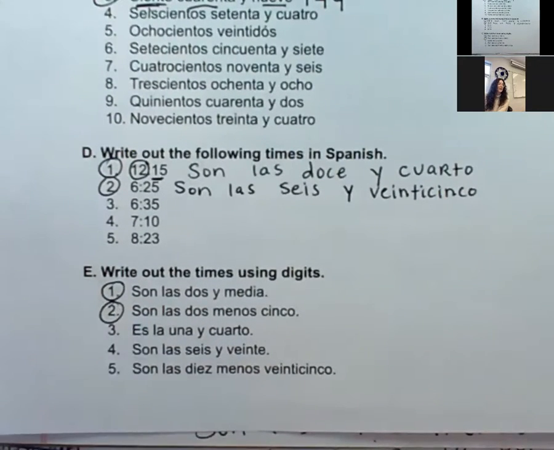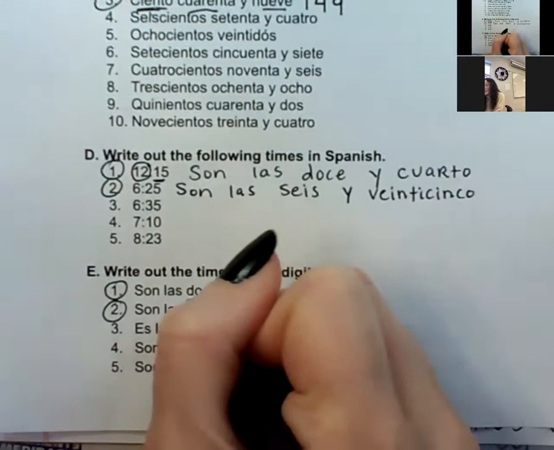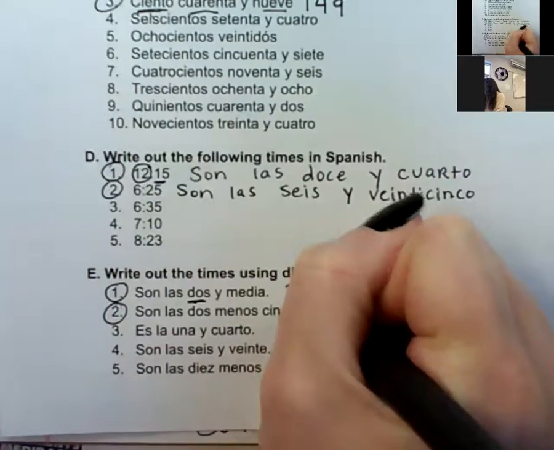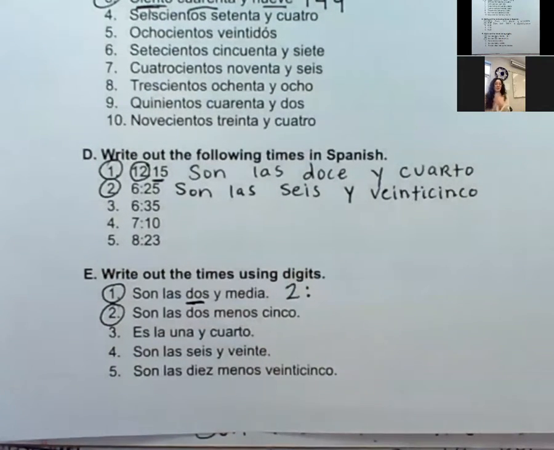And then let's look at the last 2 examples. We have son las 2:30 y media and son las 2 menos 5. So these are 2 different formulas. So hopefully it'll be a good example for each. So number 1, son las 2:30 y media. So this will be our hour, dos, which is 2. And then can anyone chat in the little message really quick?